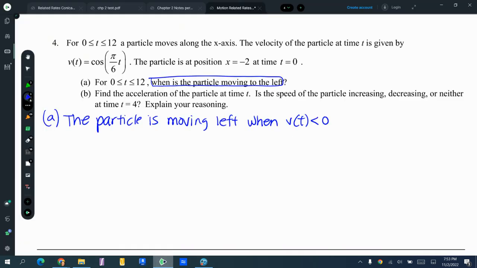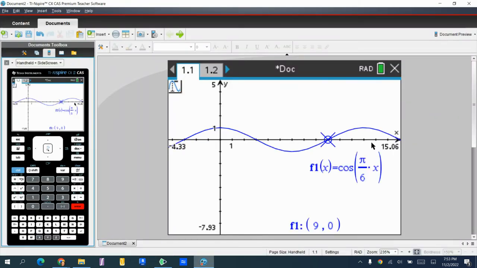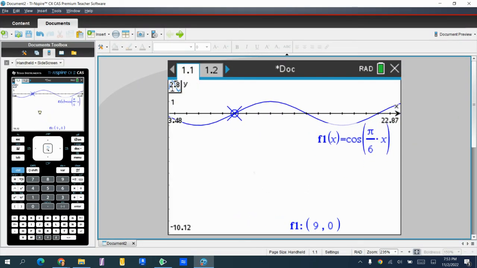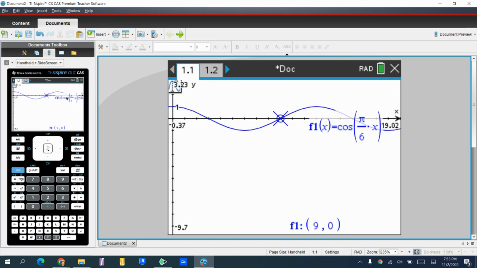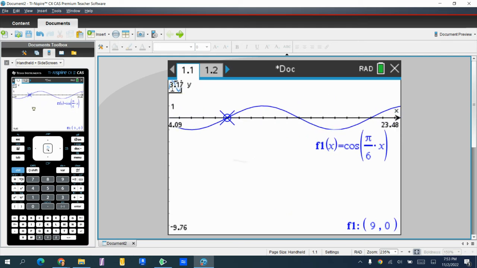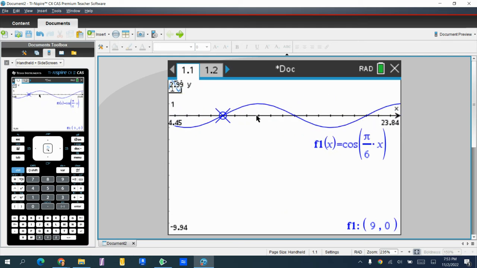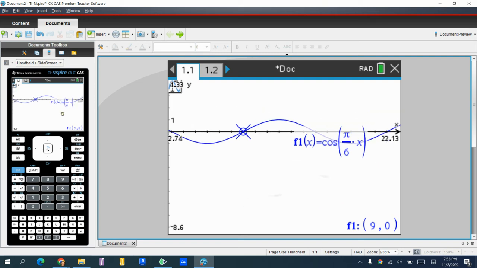Now, pay attention. This time region ends at 12. So even though the graph continues and goes negative in other places, you got to make sure you're watching for where the graph ends. So this was 9, 10, 11, 12. So the graph actually ends here, so I don't have to be concerned about all this other stuff.